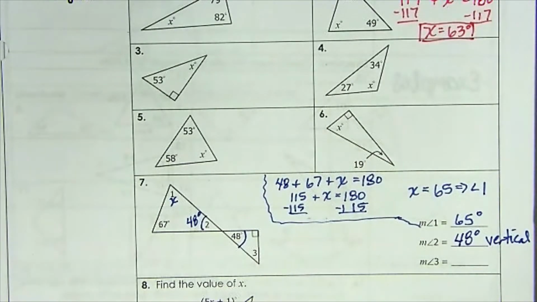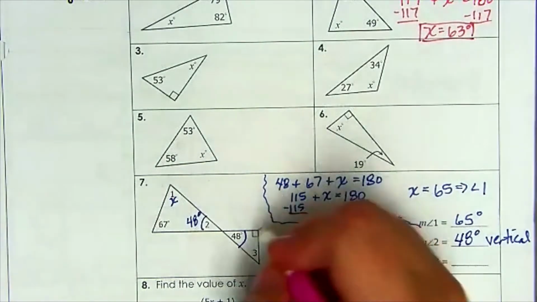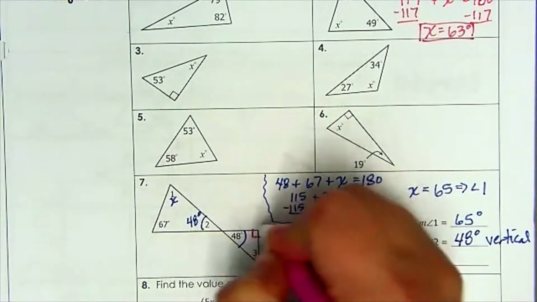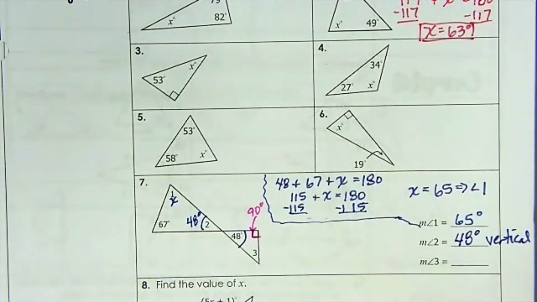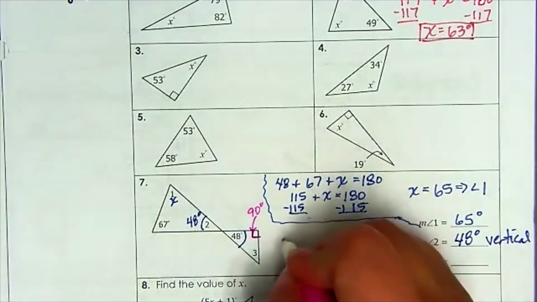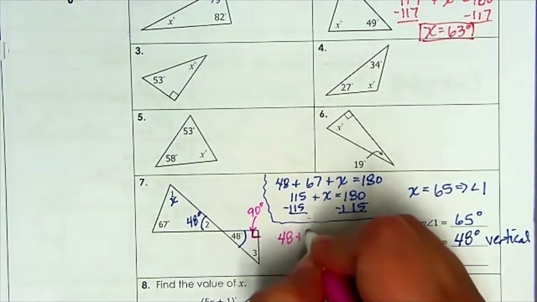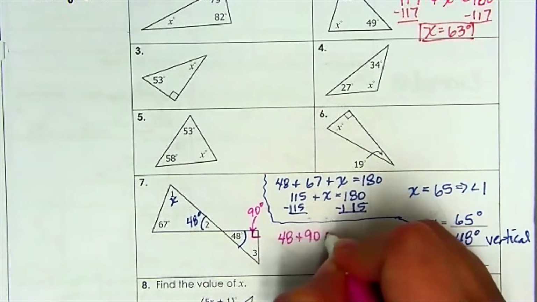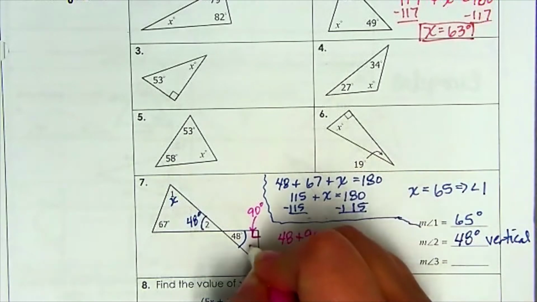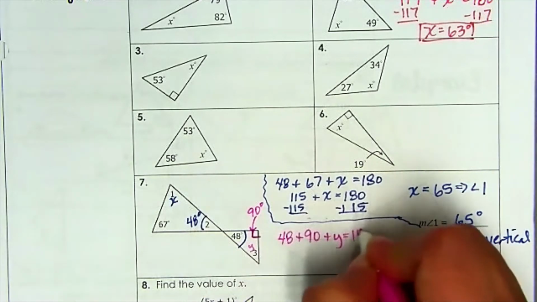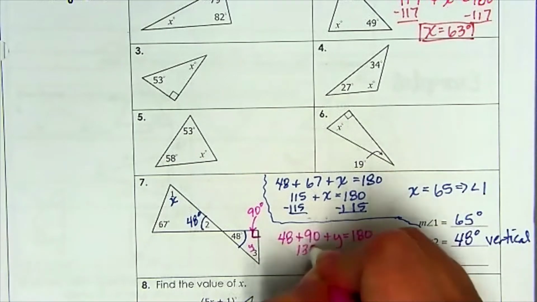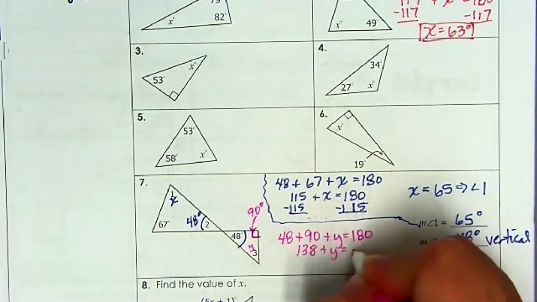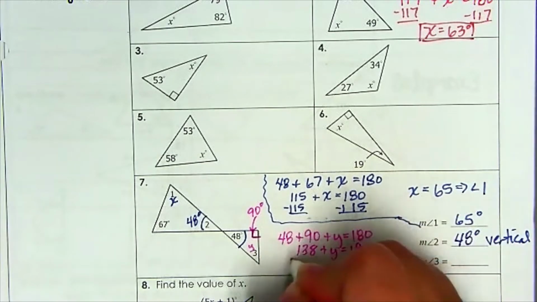Now we're going to do the work for angle 3. What I need to remember is this box right here tells me that this angle is 90 degrees. So now I can do 48 plus 90 plus y, we'll make it y, equals 180 degrees. 48 plus 90, that's 138 plus y equals 180.